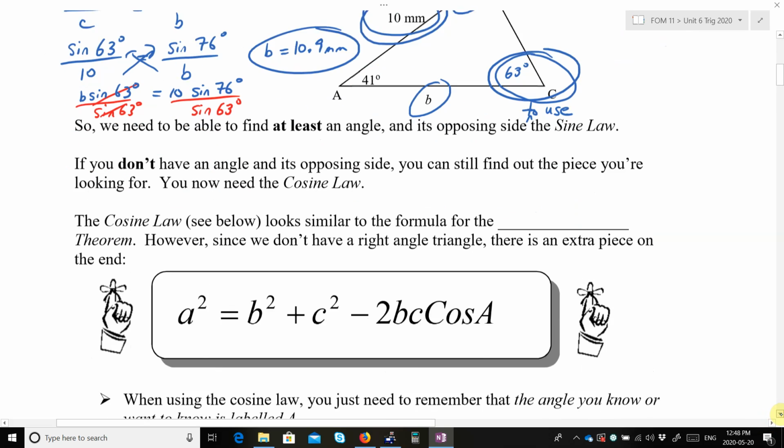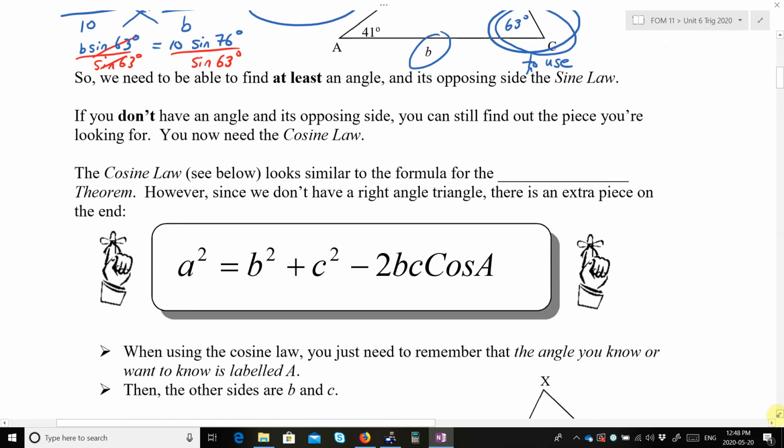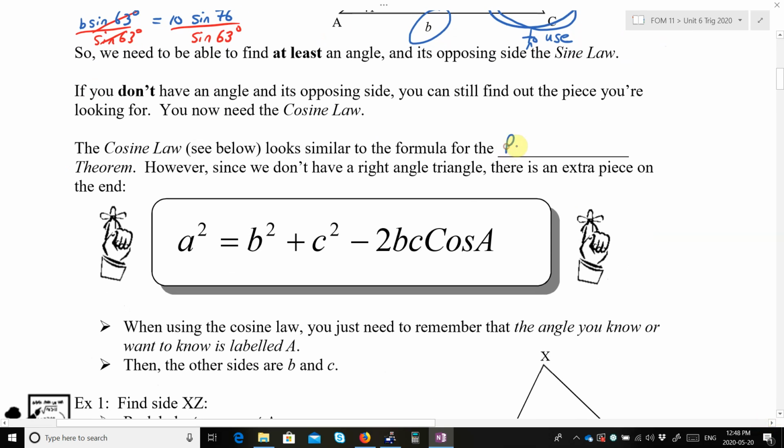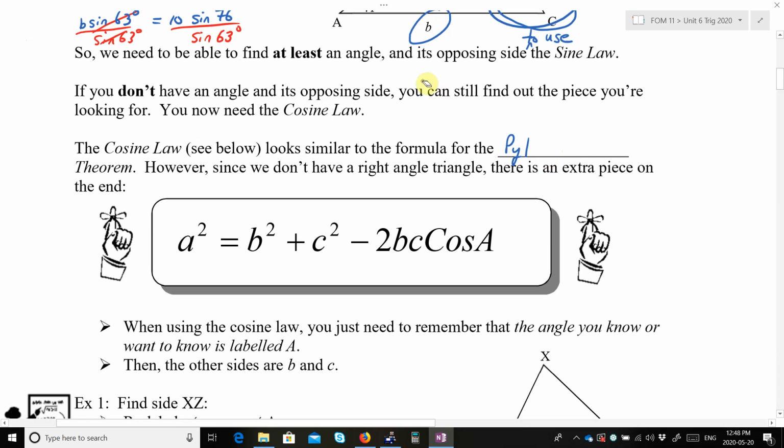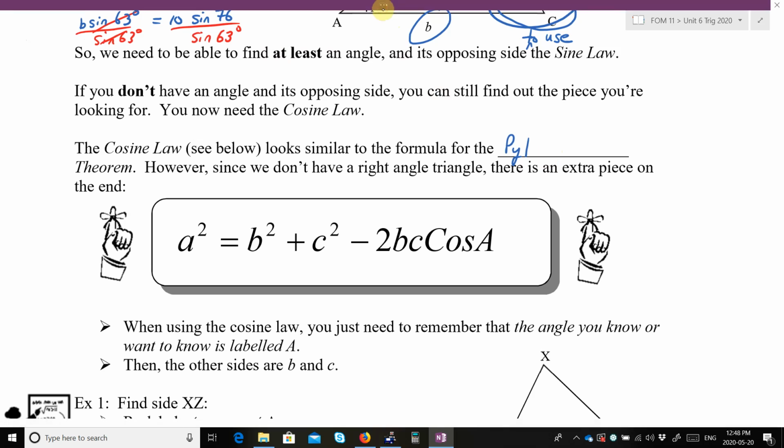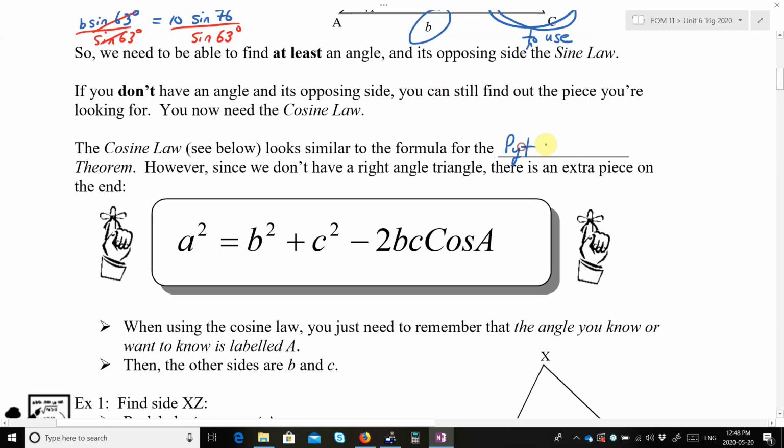Okay, and so the cosine law, see below, looks similar to the formula for the Pythagorean theorem. It looks similar to Pythagoras, right?